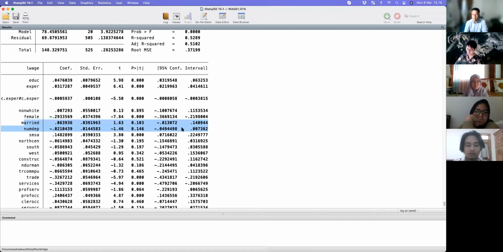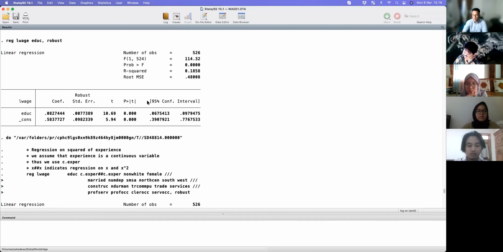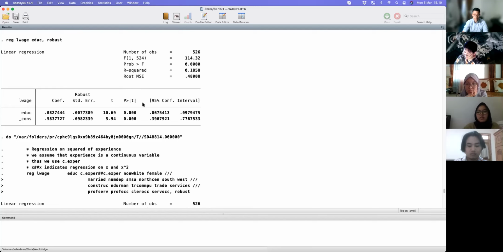It doesn't mean that the variable is not significant in the population. It's just that the current model estimates it that way. We can also see that some of these variables are not significant individually, but perhaps taken together they could be significant. So this is one reason why we want to include additional variables in the regression model.